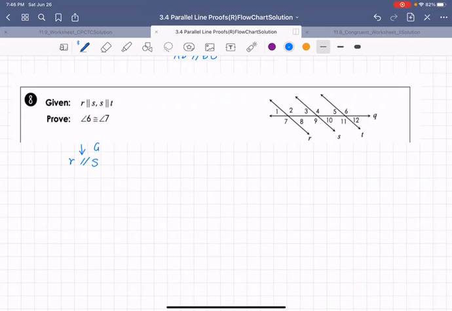Given. What else? And then S is parallel to T. And then R is parallel to T. That's fine, Ellen. Okay, you can go ahead.